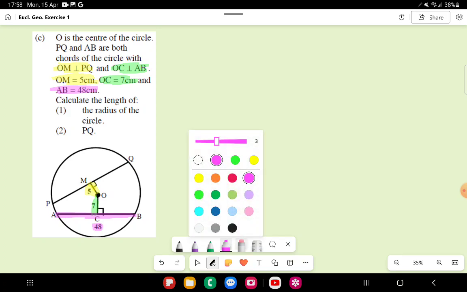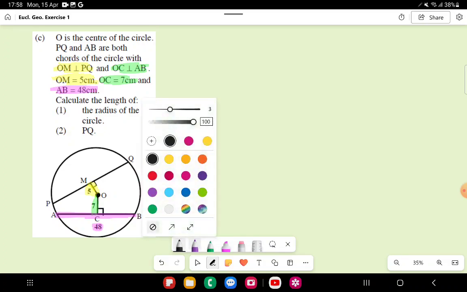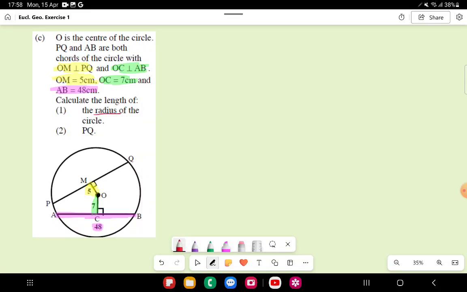The question wants to know, what is the radius of the circle? And the second one is, what is PQ? So I have 2 questions that I need to answer. The first one is radius, and the second one is PQ, and this is P, that is Q. So I want the length of that line.